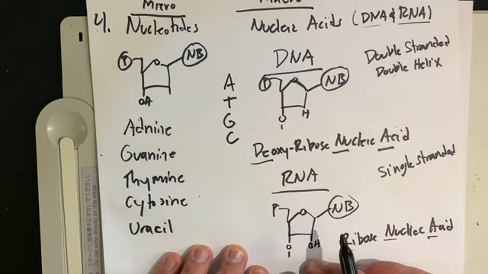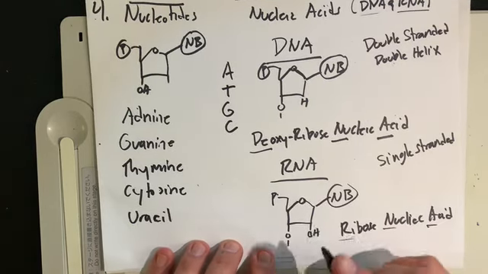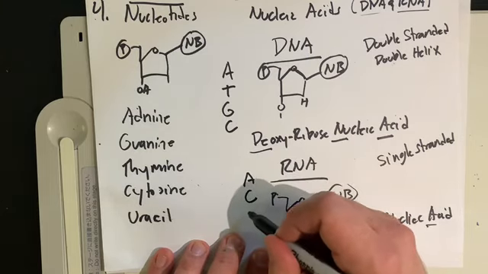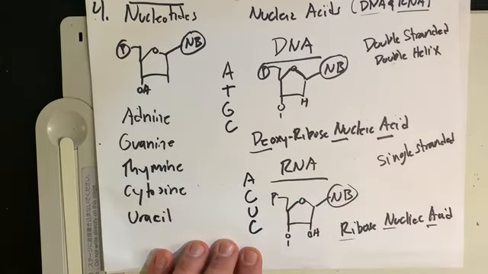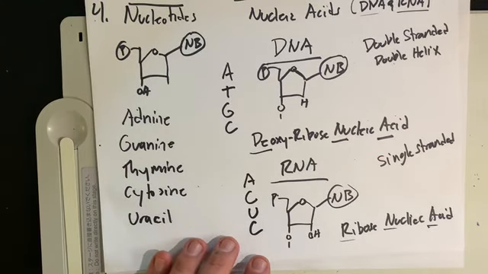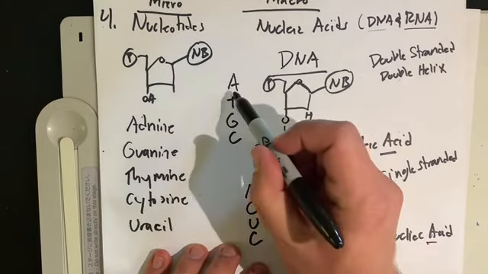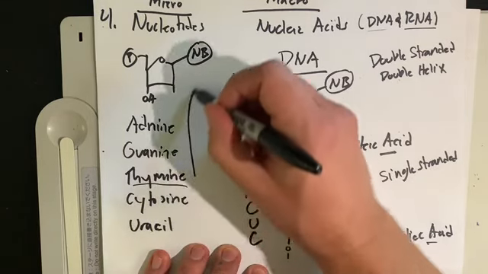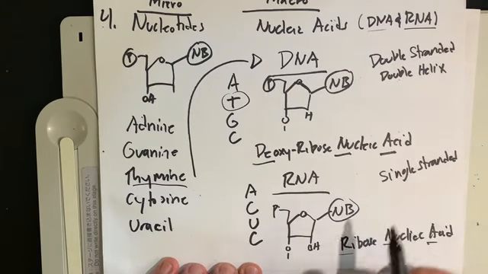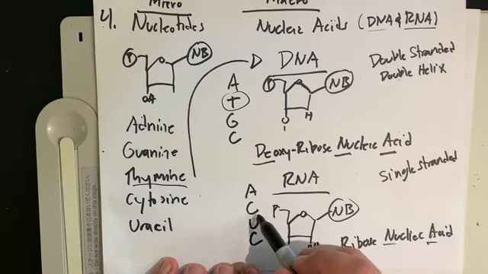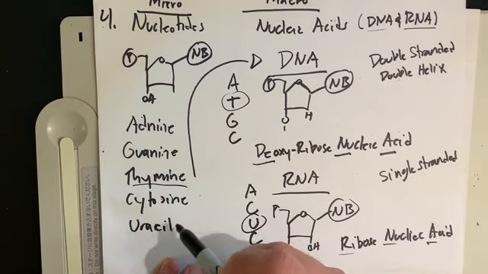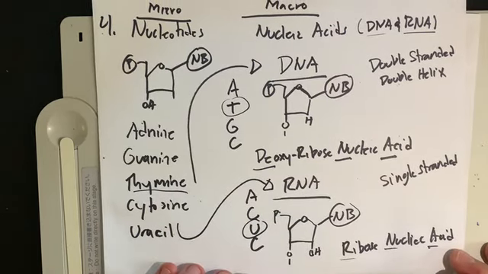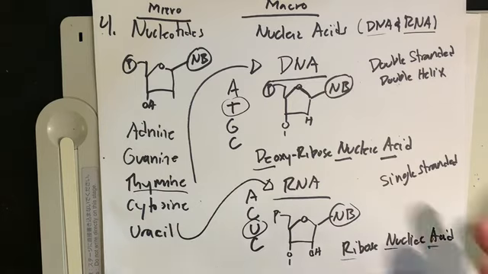And RNA actually uses adenine, guanine, uracil, and cytosine. So in other words, if you're looking at genetic material and you see a thymine, then you know it is DNA. If you're looking at genetic material and you see uracil, then you know that it's RNA. So those are three big differences between DNA and RNA.